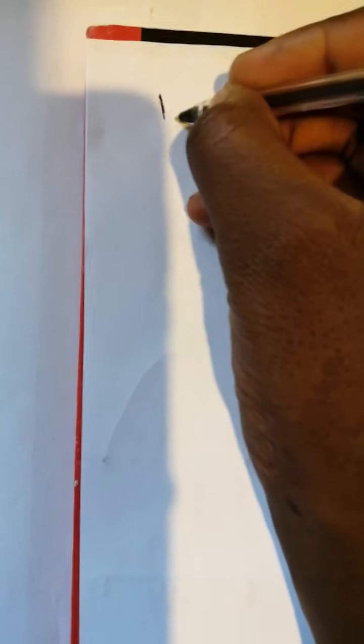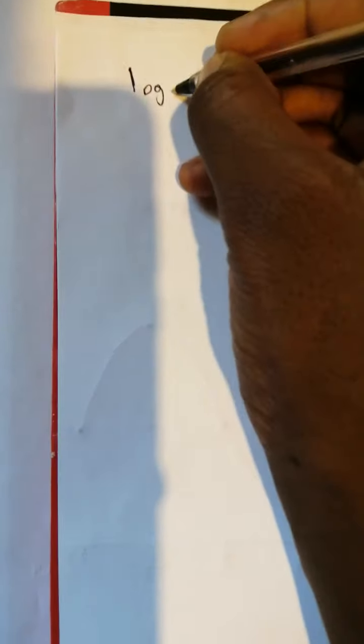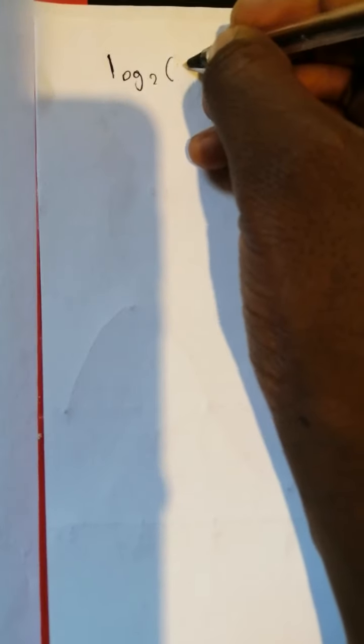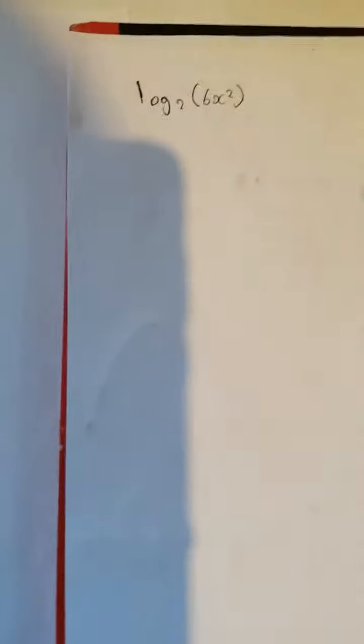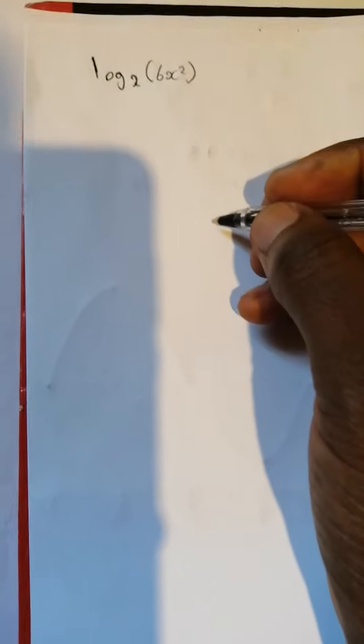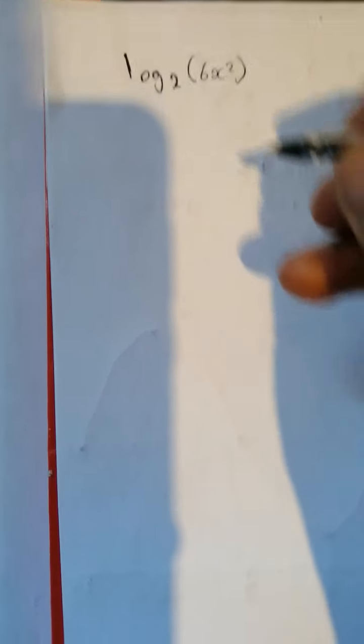With that being said, how can we find the derivative of, let's say, log base 2 of 6x squared?